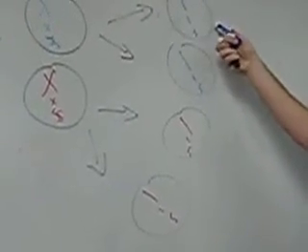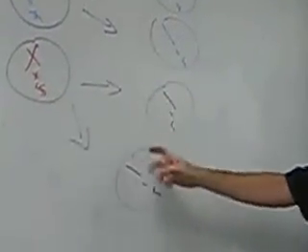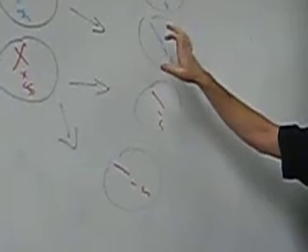We have 4 cells that each have how many chromosomes now? 3. Each one has 3, the haploid number. So all we've done in meiosis 2 is separate the chromatids and make them their own separate daughter chromosomes.